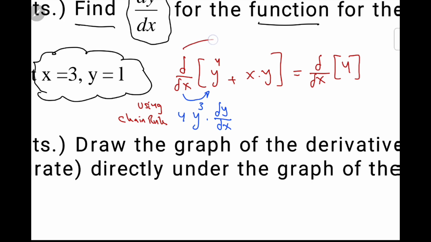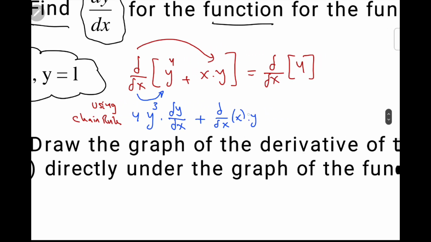Then the derivative of x times y is the derivative of the product. So plus the derivative of the first, d by dx of x, times y, plus x times the derivative of y by x, equal to d by dx of 4.